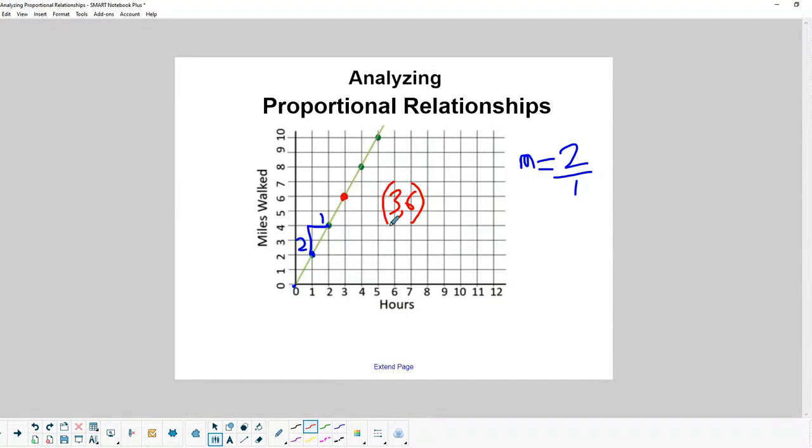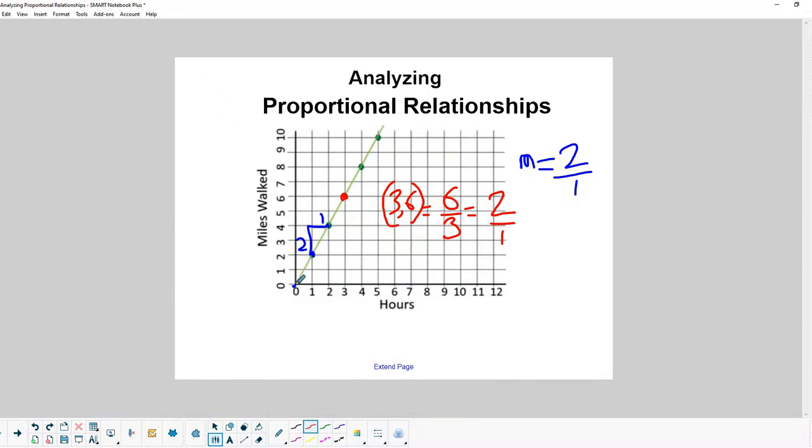If we make a ratio of the y value over the x value of that point, guess what we get? We get 2 over 1 again. So we get the same thing as we get as when we did the slope. So because both of those numbers and those relationships are equal, this is considered to be proportional.